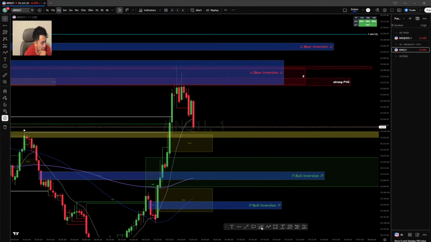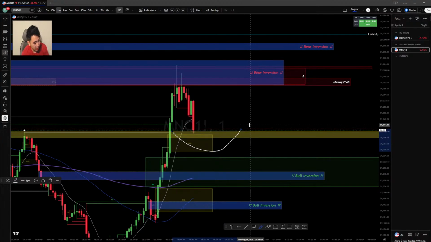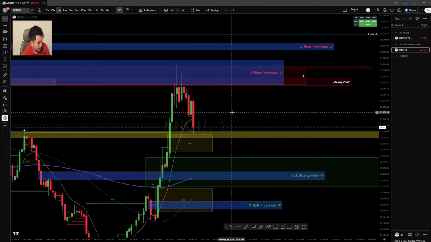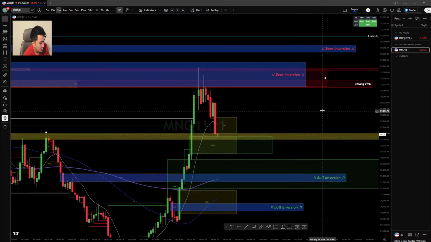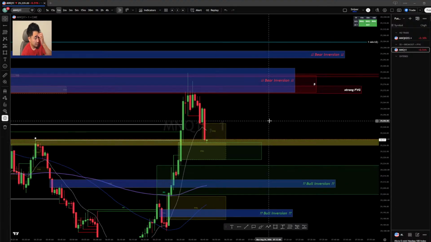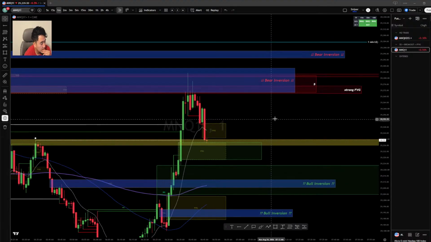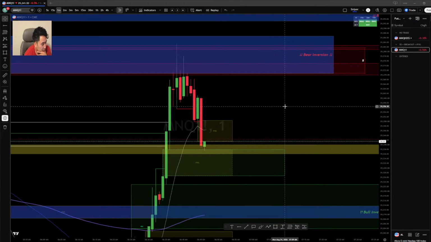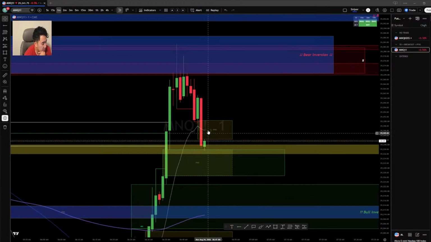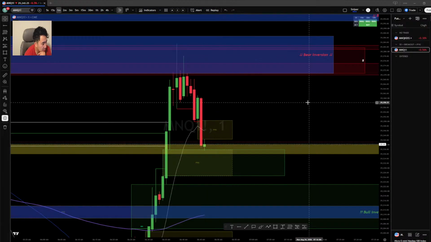Just gonna come back and retest this support zone right here. There's a bullish gap as well. All right, I'd say the best scenario for a setup for a long position is if this bearish gap forms and then price breaks through it, comes back down, retests, and goes back up.